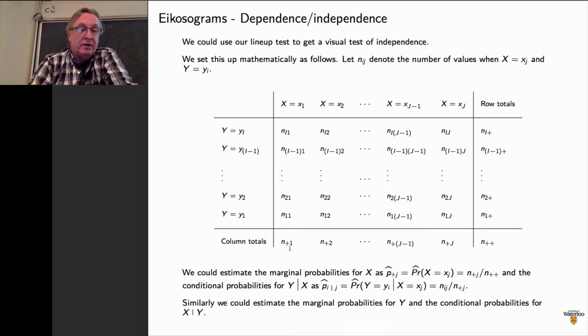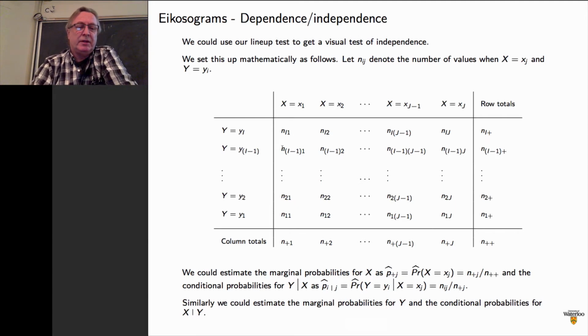Now, conditionally, given that I'm looking at x equals x1, I would be estimating the conditional probability that y takes value y1 just by that count there divided by that total. Right? Make sense? So I pretend that I'm just looking at this column all by itself. There's a total of n plus 1 values there. If I'm guessing what the probability is, this would be the maximum likelihood estimate if this were a multinomial probability, right?